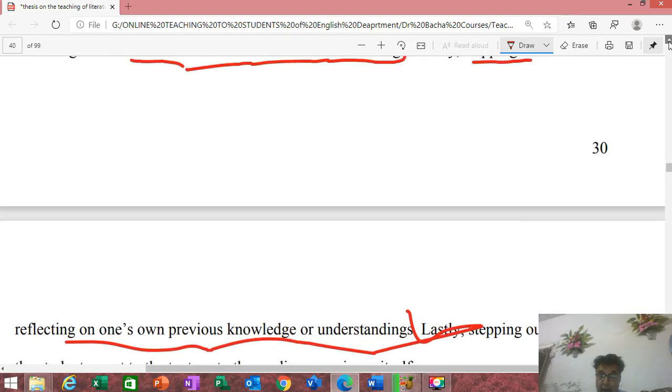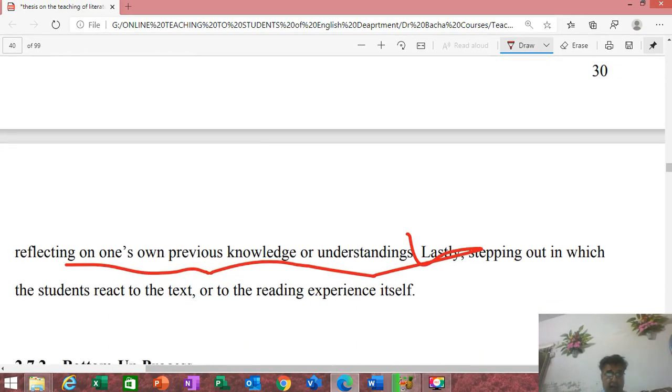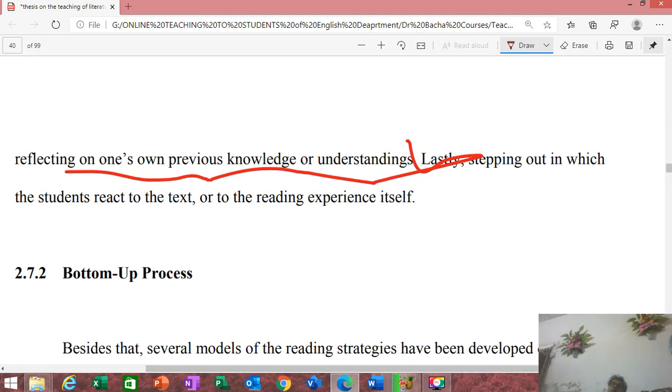But remember, you have to thoroughly step back, reflecting on one's previous knowledge. For example, a person has an idea of something beforehand, and he has got a firm and fixed thought about a particular thing or writer, or he has his own personal philosophy.